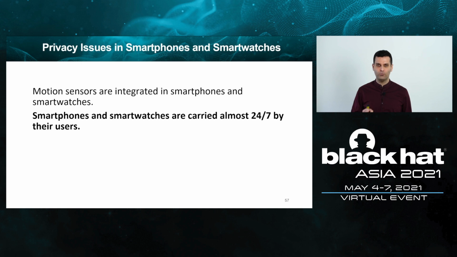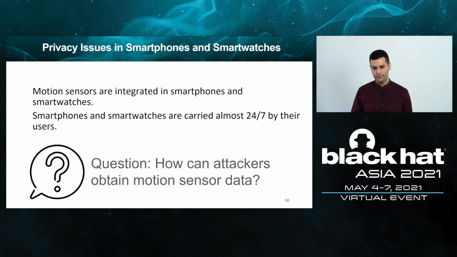Smartphones and smartwatches are very unique devices because they are carried almost 24/7 by their users. And here's a question: how can attackers obtain motion sensor data from these devices?